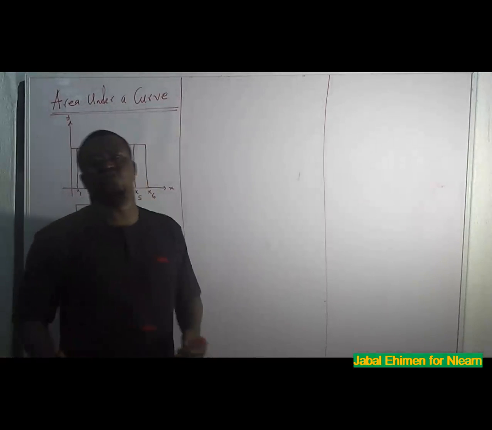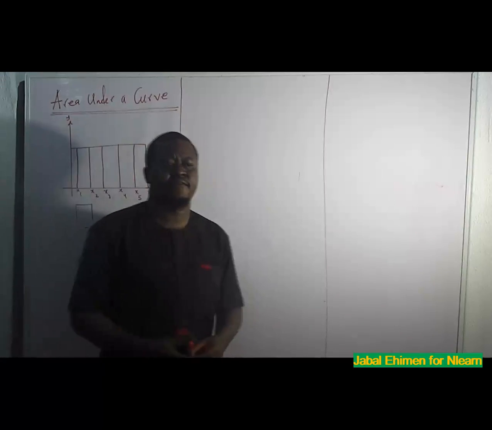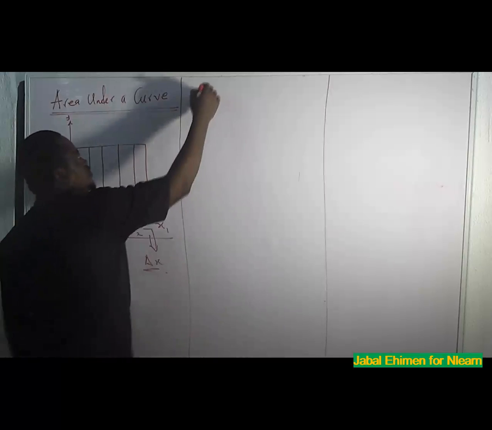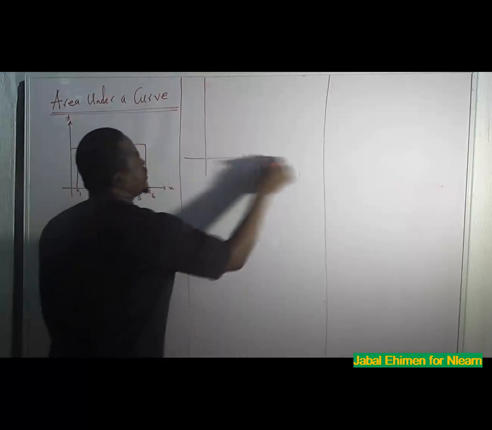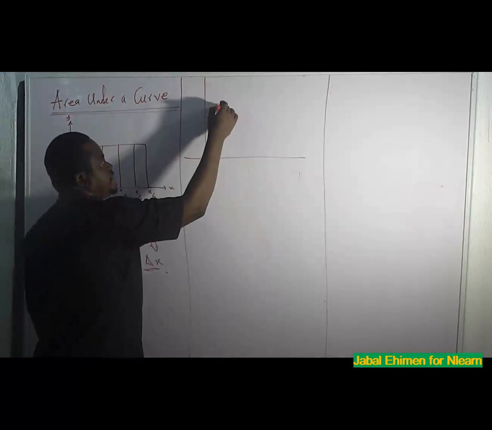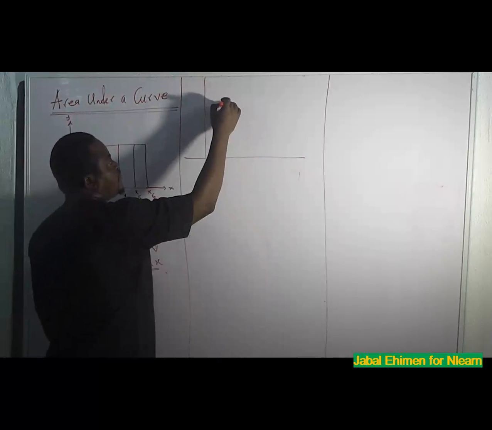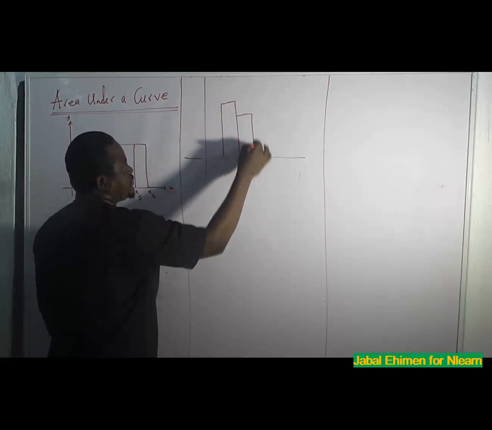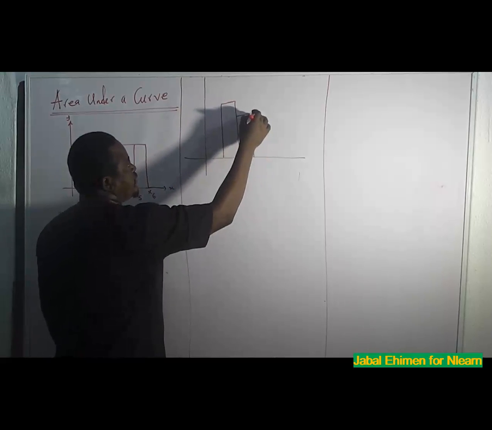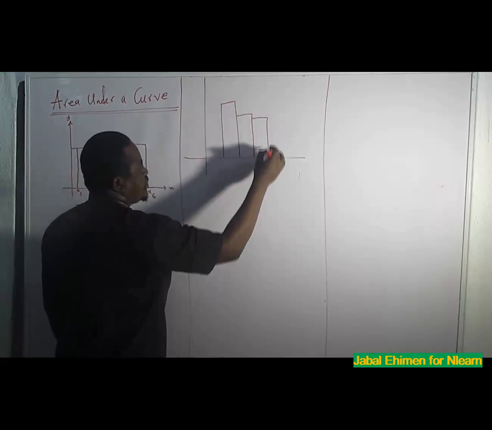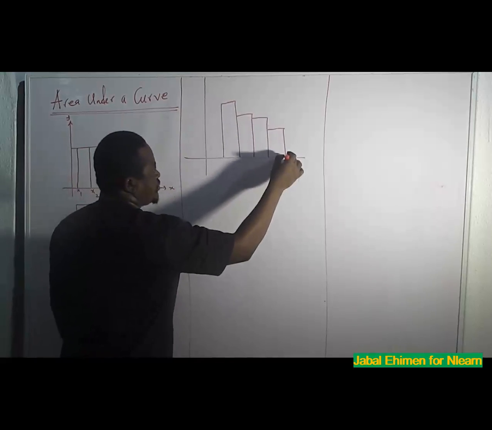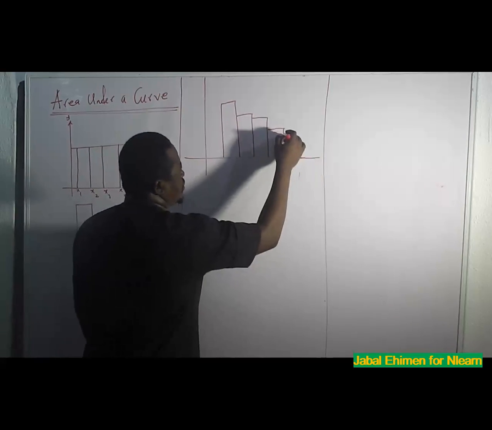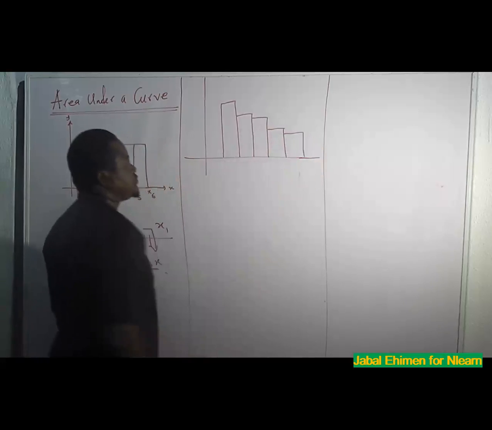What about a situation where I have something of this nature? If I have area, maybe I have area of this nature, I have something like this, I have this, I have this, I have this.